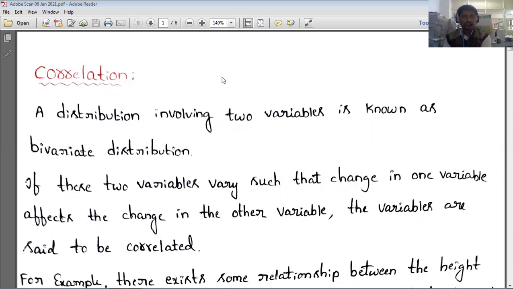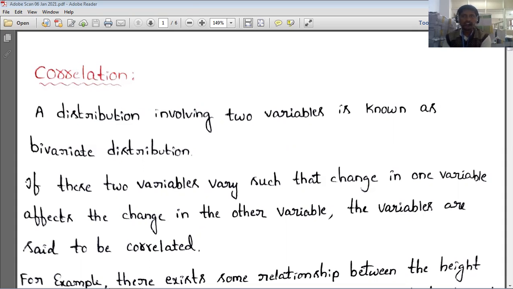Before going to correlation, we'll see what is meant by univariate and bivariate. From the name itself, univariate is nothing but, if we discuss only one variable, then we call it univariate. And bivariate involves two variables.